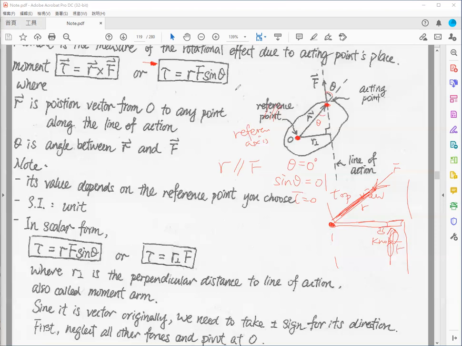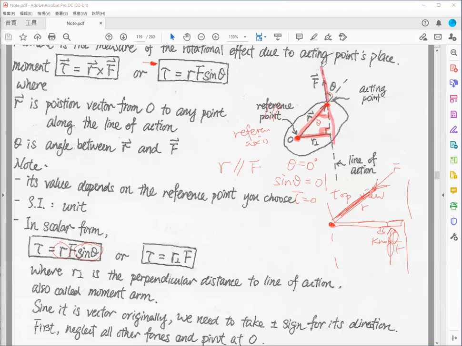We may also rewrite the formula by multiplying R by sine theta. What you can see from this diagram is that R times sine theta gives you this length. This is the perpendicular distance from the reference point to this dotted line.